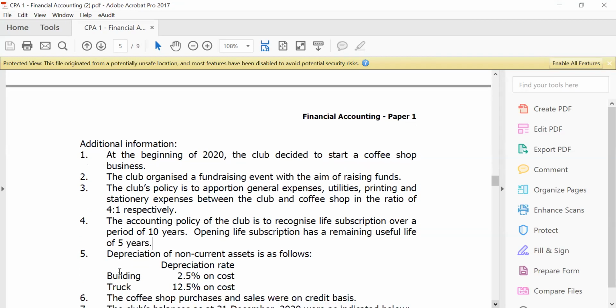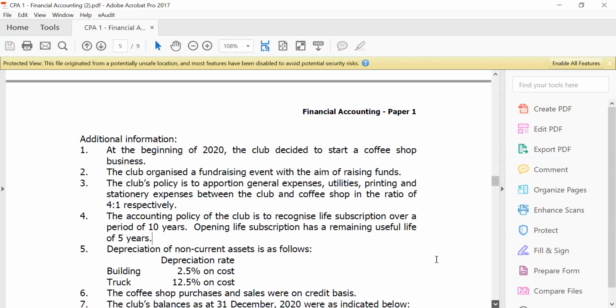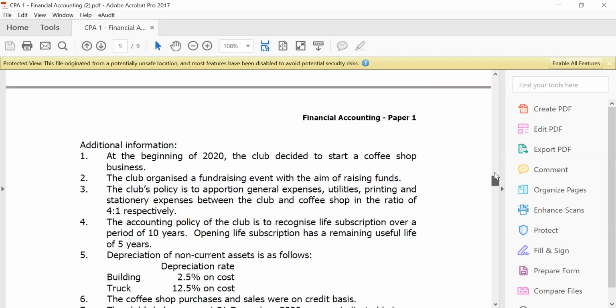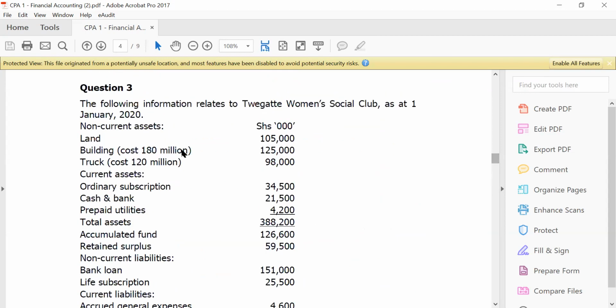Then we proceed to depreciation. So they are telling us that depreciation of the non-current assets is as follows. Depreciation rate is, building is 2.5% on cost, and truck is 12.5% still on cost. Now, just like any other organization, not-for-profit also have assets, just like the ones that we have seen in the opening balances.